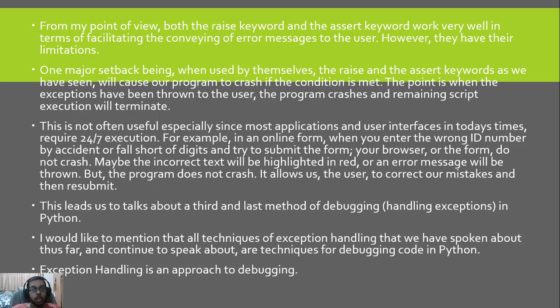This leads us to talk about a third and last method of debugging, handling exceptions in Python. I would like to mention that all the techniques of exception handling that we have spoken about thus far and continue to speak about are techniques for debugging code in Python. Exception handling is an approach to debugging.